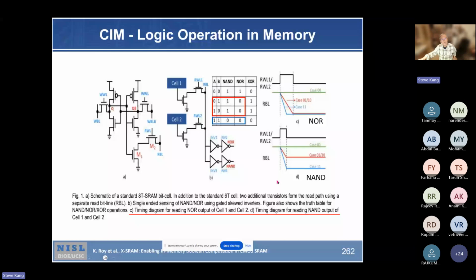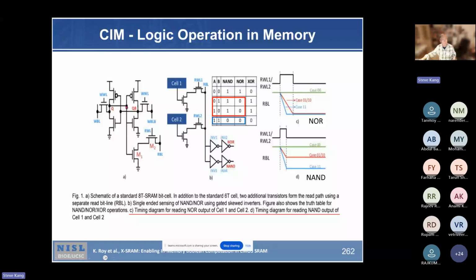Now, this shows some logic circuit operation in memory, computing in memory. Suppose you have an SRAM memory, but modify the SRAM with 8 transistors. This is a traditional 6 transistor SRAM, right? Static random access memory.